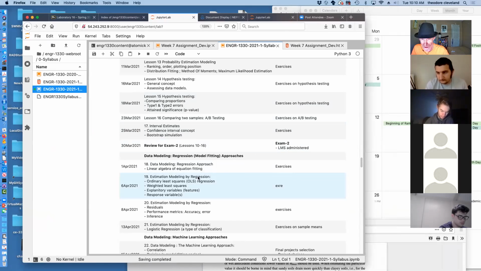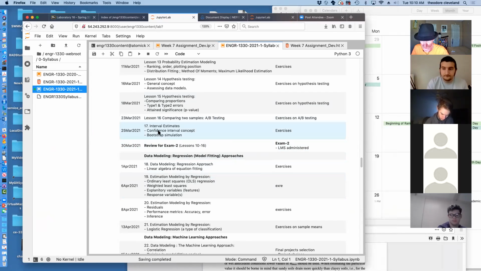All right, so I have the portion of the syllabus that's important, which is right here for those of you that are worried about the exam. The topic for today is A/B testing and actually a segue into interval estimates.